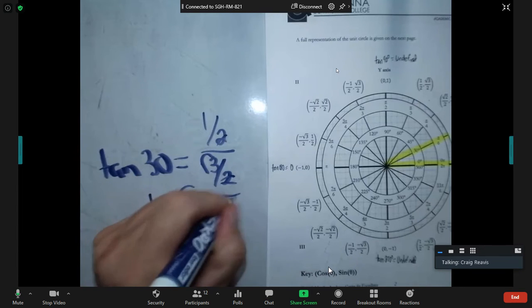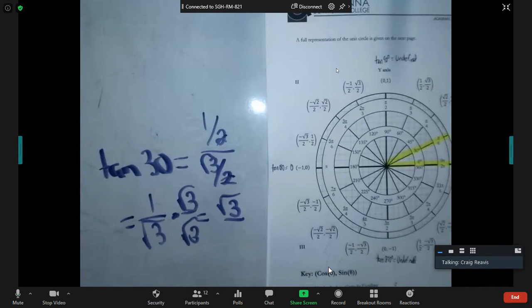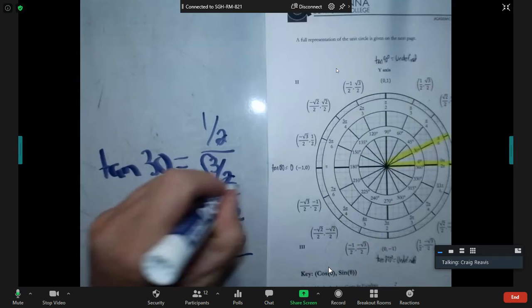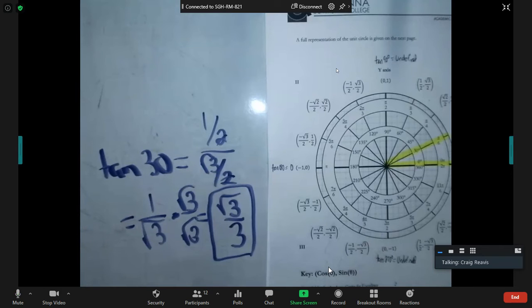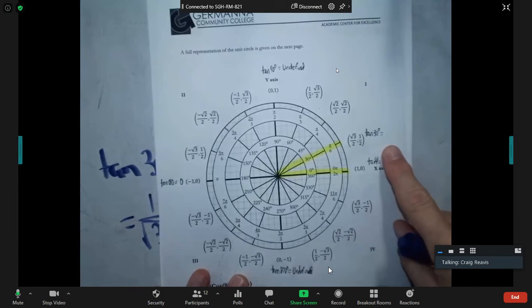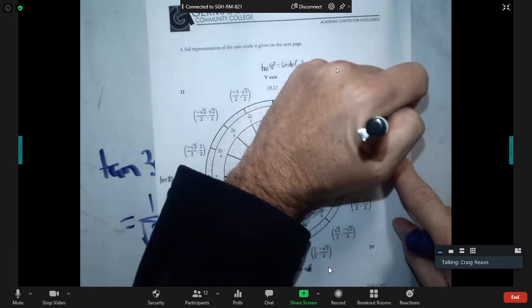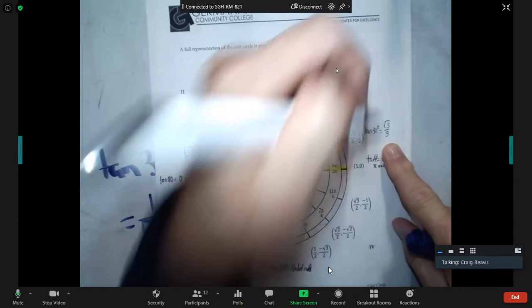And then that leaves me the square root of 3 over, and then anytime you have a square root times itself, you end up with what you started with, which is 3. So this is what that simplifies to. So we know the tangent of 30 degrees is the square root of 3 over 3.